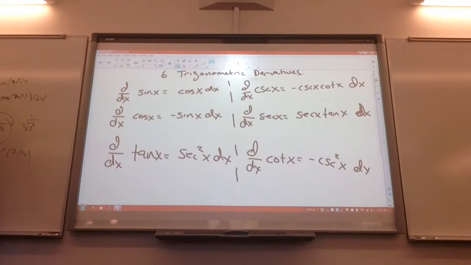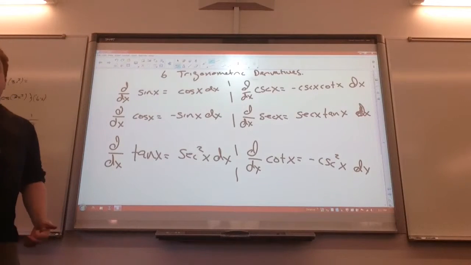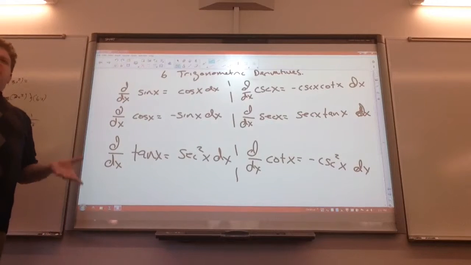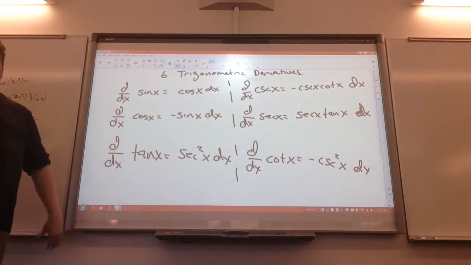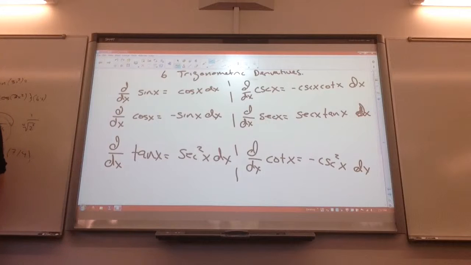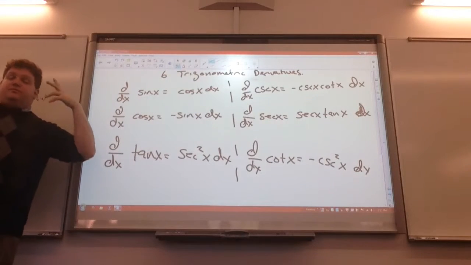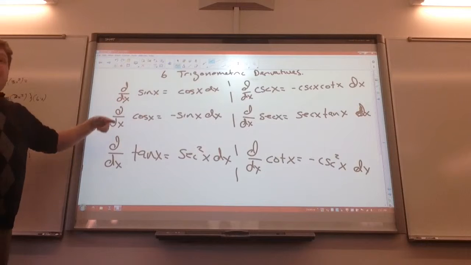Now, they seem rather strange, a few of them. There is sort of a weird, twisted logic to them. And again, with the exception of the first two, the tangent, cosecant, secant, and cotangent can be derived using the derivative rules we learned on the sine and cosine.